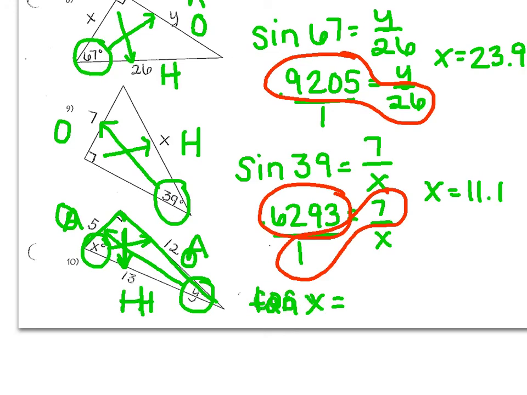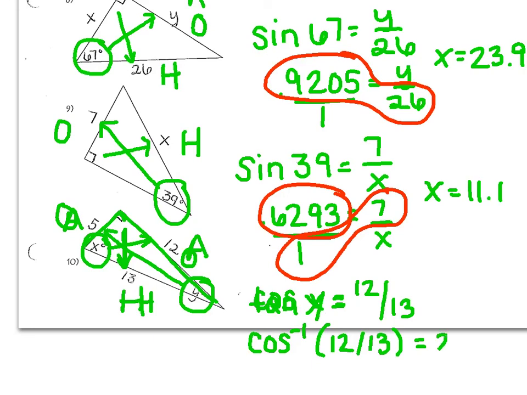So cosine of y would be equal to adjacent over hypotenuse, so that would be 12 over 13. So in my calculator, I'm going to do inverse cosine of 12 divided by 13. And I get 22.6.